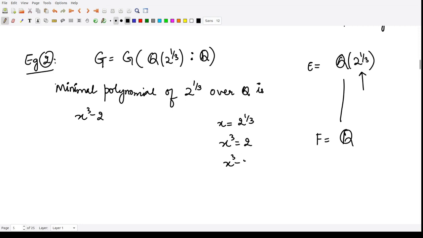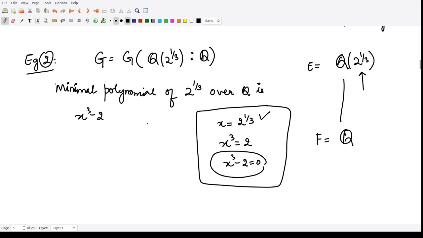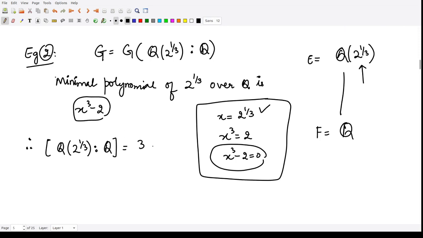So this is the minimal polynomial of the element 2 to the power 1 by 3 over Q. Therefore, what would be the degree? The degree of Q(2 to the power 1 by 3) over Q would be equal to the degree of this minimal polynomial, which is equal to 3. So this is the degree.